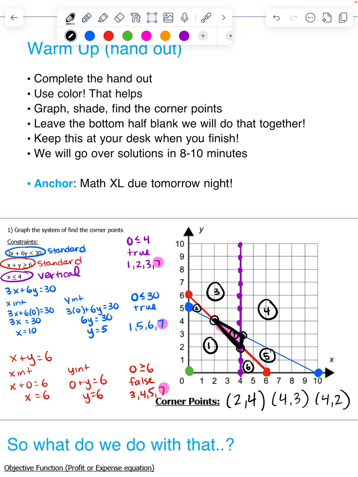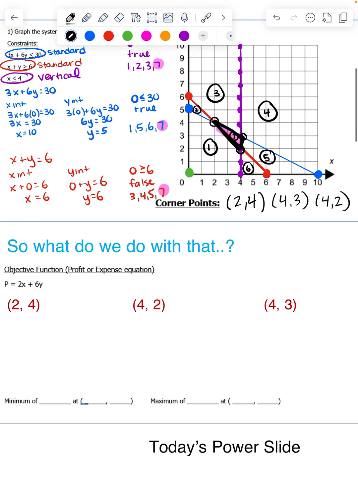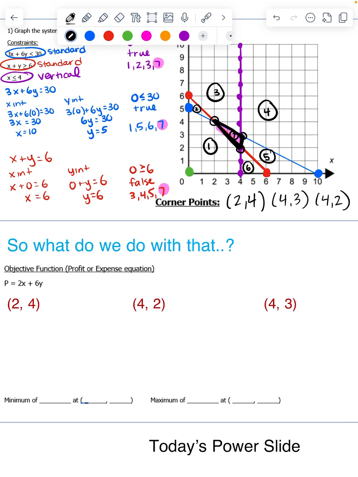So now, today, what I want to talk to you about is, well, what do we do with that? Like, what's the point of the corner points? Well, eventually, you're going to be given something called an objective function. When I think of the word objective, I think of like goal. And there are two types of goals. There's the profit goal and the expense goal. Think about if you're a company, your profit goal would be to make the most money.